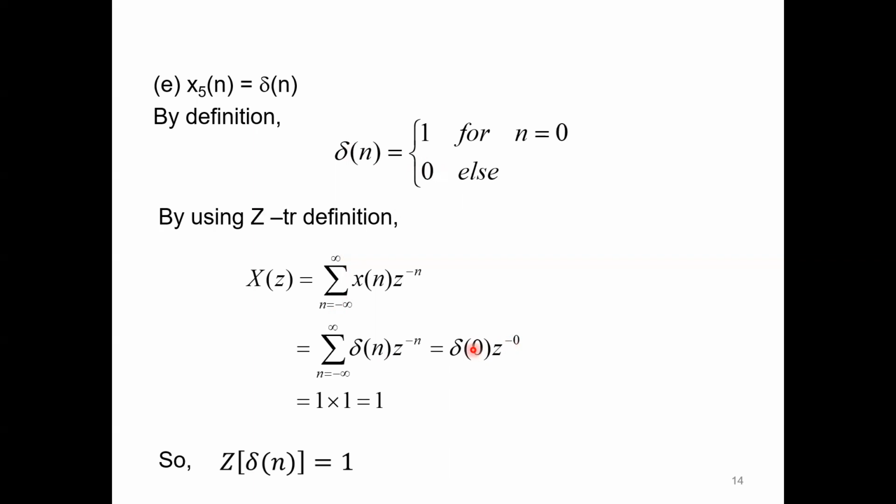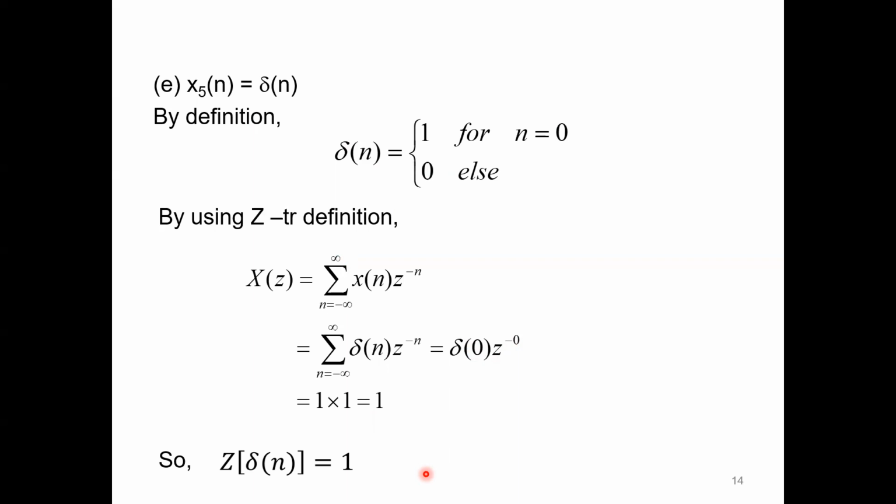Delta 0 is the only sample, which is 1, and it is multiplied by z to the -0. Any number to the -0 is 1. So the answer is 1. You can see in Z transform tables that the Z transform of a delta function is 1.